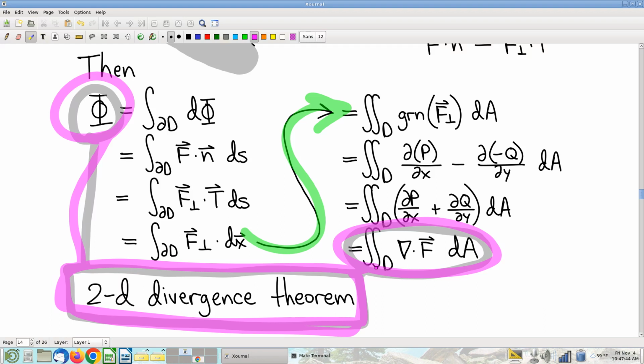Not circulation. Circulation was part of our little trickery to compute this flux, but flux computed as an integral of divergence is called the two-dimensional divergence theorem. You could very reasonably just call this the divergence theorem applied in 2 dimensions.